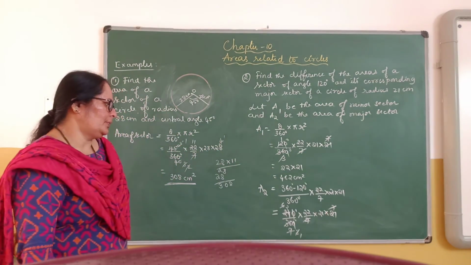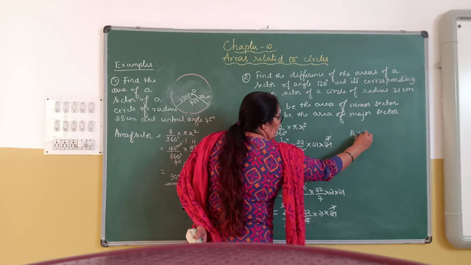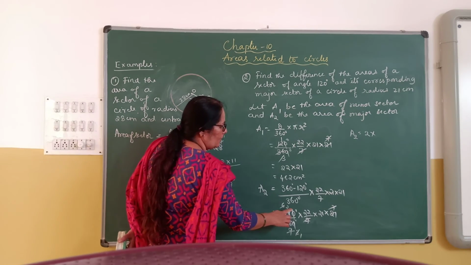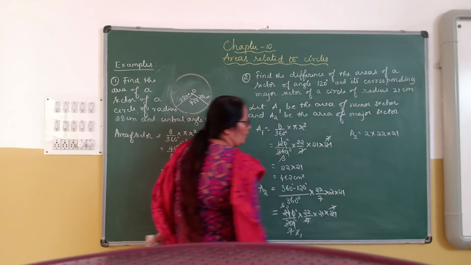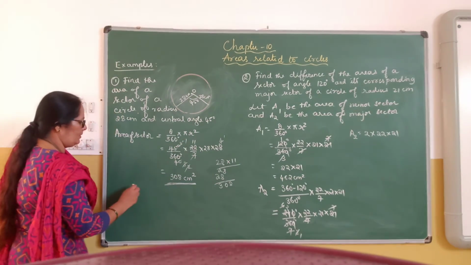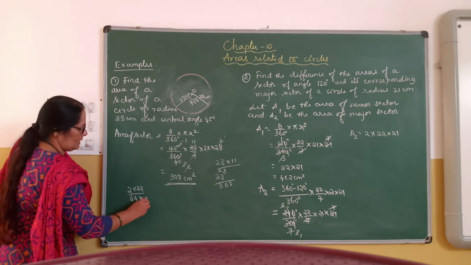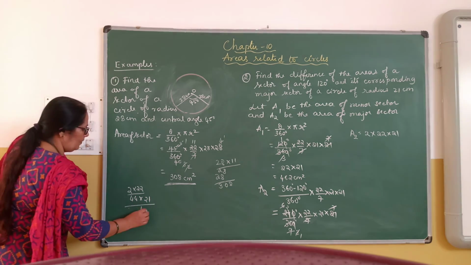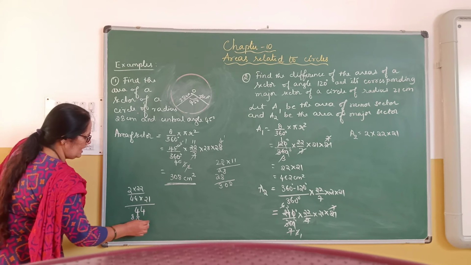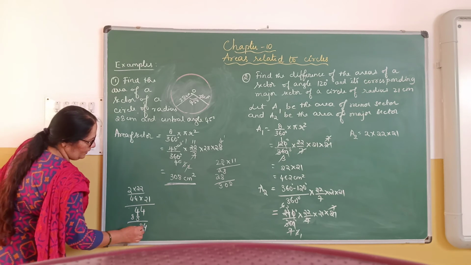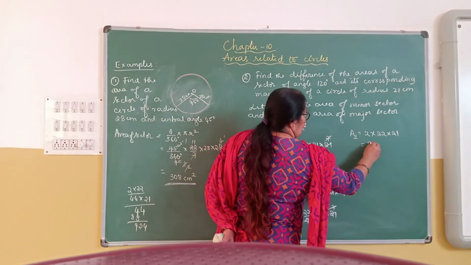So 2 into 22 into 21. So A2 equals 2 into 22 into 21. Multiplying 2 into 22 is 44, into 21, that is 44 times 21, which is 924 square centimeters.